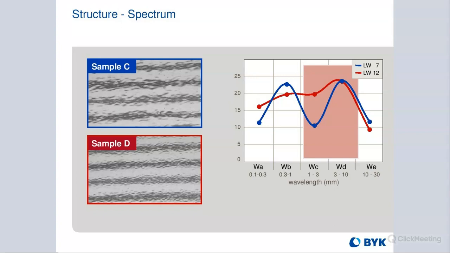We call it double hump, and that's something we talk about a lot in the industry. In this example, we would really like the WD to be lower than the WB, but since they're closer together, you're still not getting the best appearance on sample C. And sample D just has so much structure, and there's no definition between the long wave and the short wave, and that's why it looks very structured.